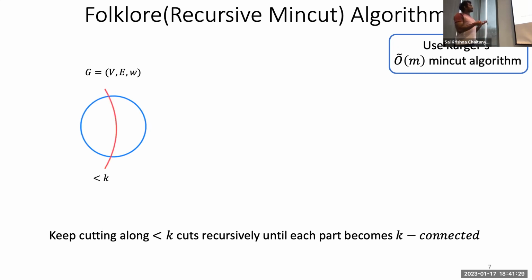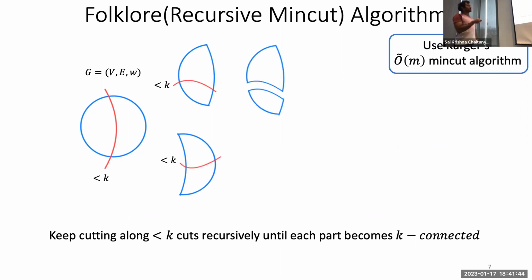But if it is not k-edge connected, then we'll have a cut that is less than k, and we divide it at this cut. And recursively, we check if this is k-edge connected and this is k-edge connected. If any of them is not, we keep running this recursively, cutting along less than k cuts.